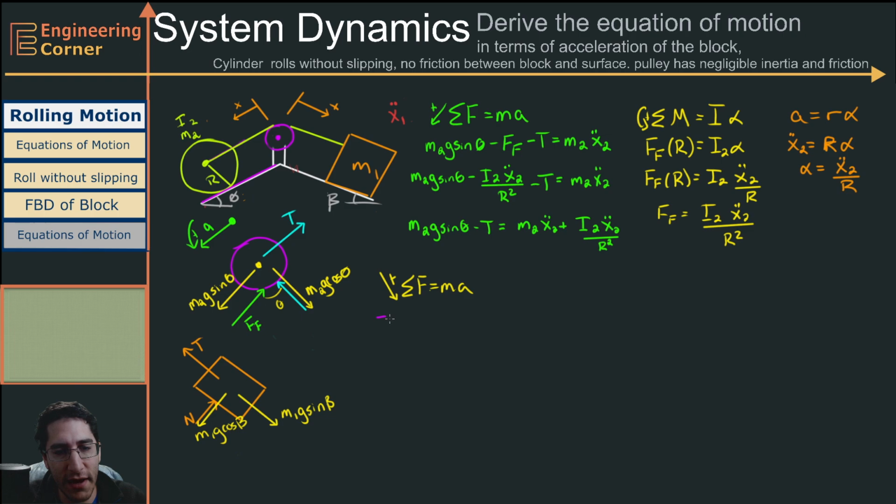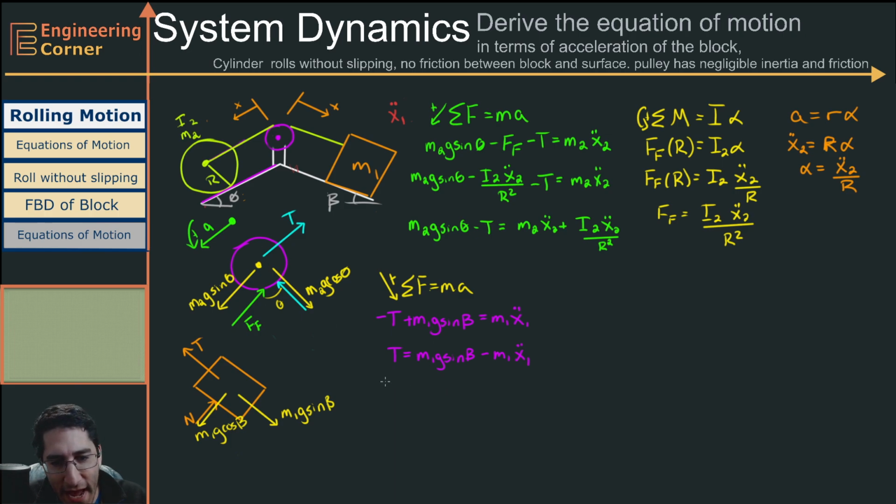So here, I'm going to have minus t plus m1g times the sine of beta is equal to m1 x1 double dot. Okay, solve for t. I get t is equal to m1g sine of beta minus m1 x double dot. And now what I can do is plug this into this equation right here.